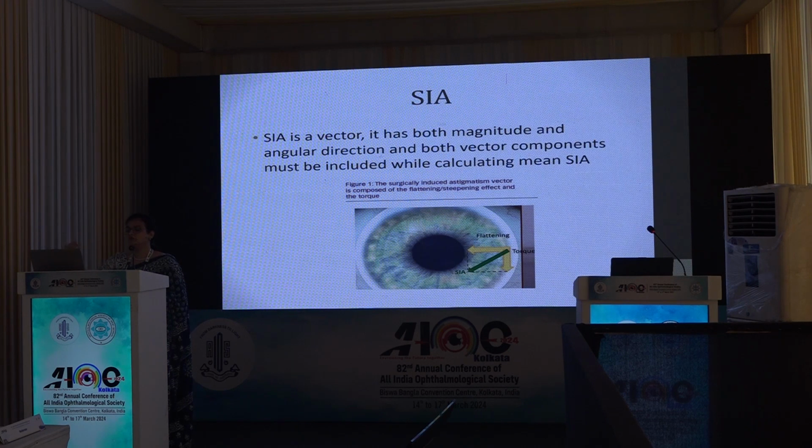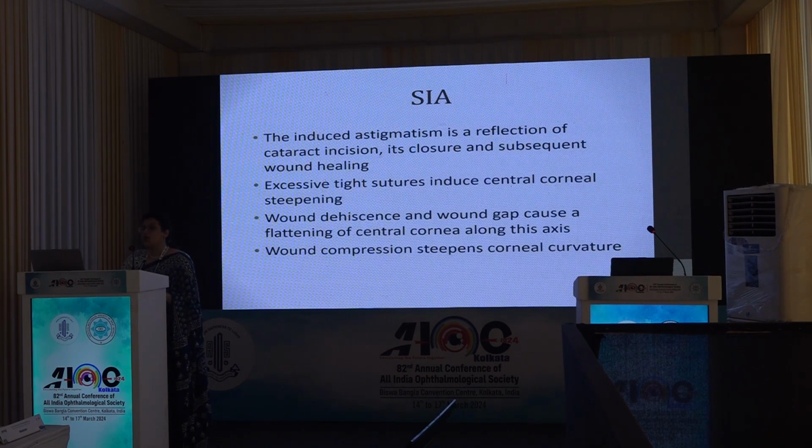Depending on both of these factors will be the surgically induced astigmatism after the surgical procedure. This is the astigmatism excluding any corneal astigmatism which the patient already has. So this induced astigmatism is a reflection of the cataract incision, its closure and subsequent wound healing.